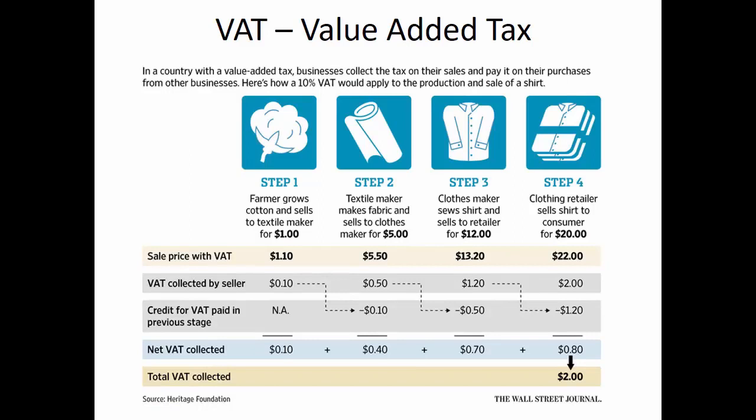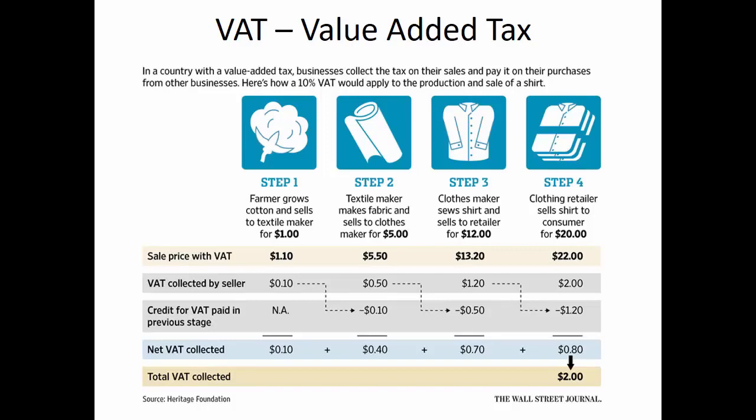Now, one alternative to sales taxes that is being adopted in a lot of places outside of the United States is what's known as a value-added tax. It's thought of as being a lot more fair than a sales tax, because in a sales tax, the entire burden of taxation falls onto the consumer.